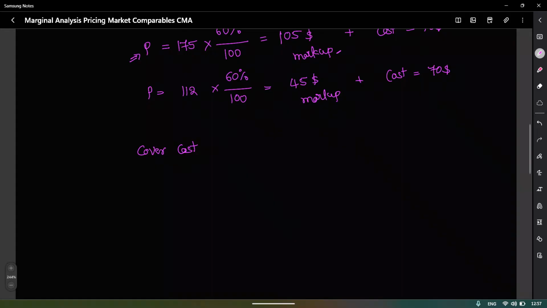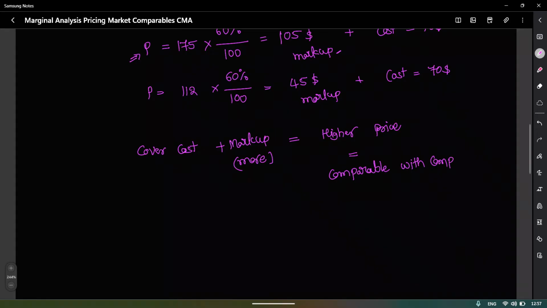And if you want to cover the cost and add more markup, more margins, then it will mean higher prices. When you are going to sell in the market, it is not possible to sell, because you need to fix a price which is comparable with your competitors.